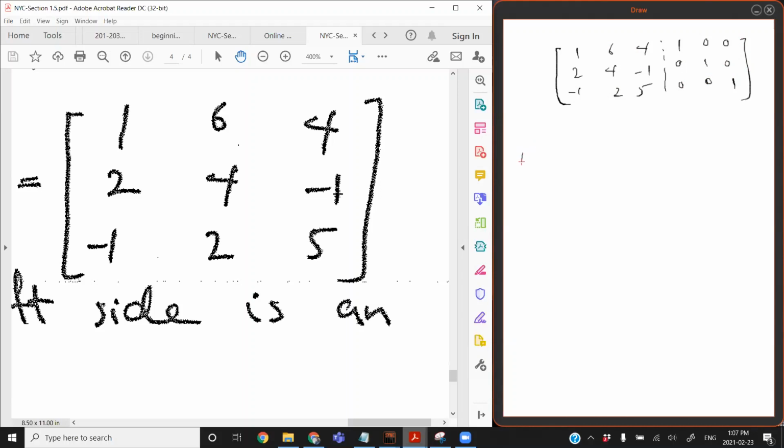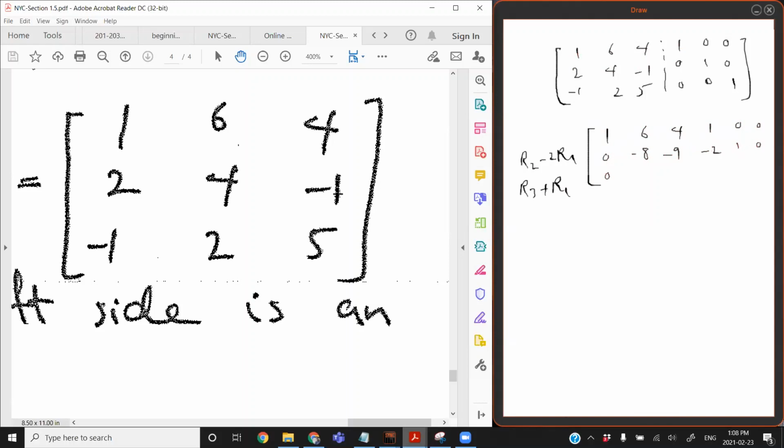So let's see. I need to do row 2 minus 2 row 1 and row 3 plus row 1 to get zeros here. So 1, 6, 4, 1, 0, 0, no change in the first row. -2 times this added to this, 0. -2 times this, -12, added to this, -8. -2 times this, -8, added to this, -9. -2 times this added to this, -2, 1, 0.